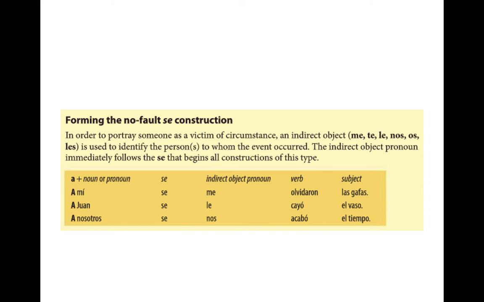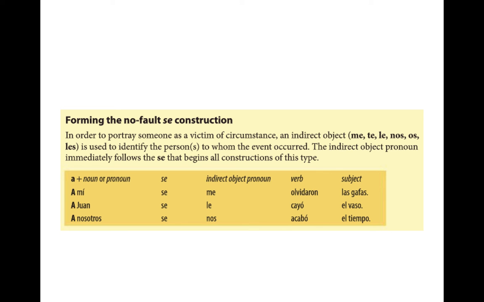So you have a mí, then you have se, that will not change for anybody, and then you have the victim, me, which is me, le, him or her, or nos, to us. A mí se me olvidaron las gafas. Olvidaron is in the past and in plural, because the action is in the past, and gafas is a plural subject.